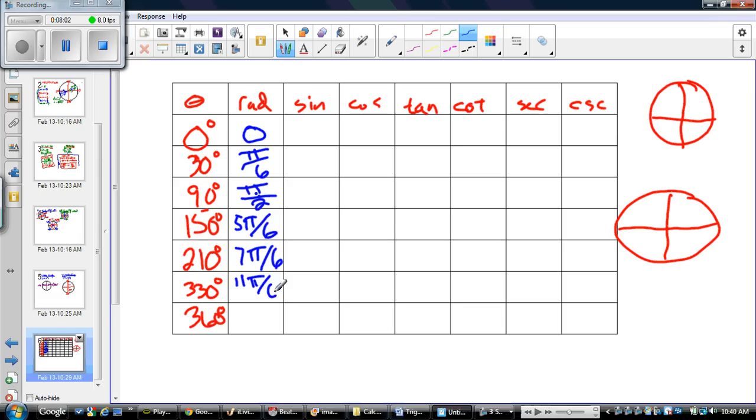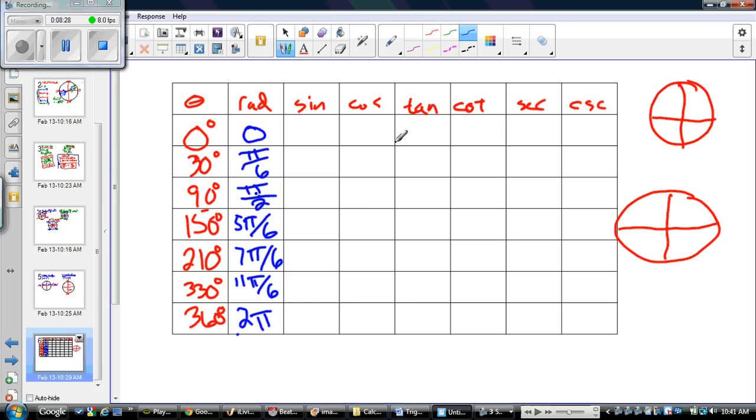So again, once you figure out the 30, 45, and 60, you can generate all of the radian values for all the angles 0 to 360. And 360 is either 12 of these, 12 pi over 6, which is 2 pi, or 4 90s, 4 pi over 2, which in both cases is 2 pi.